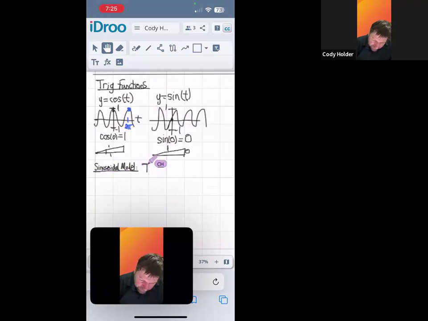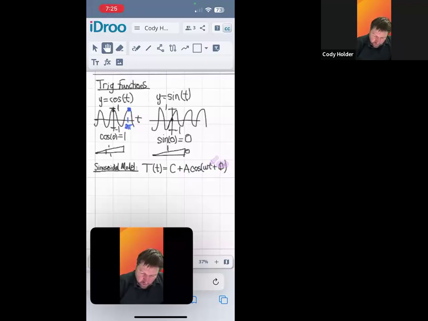So capital T stands for temperature, equaling a constant, let's call it C for the center, plus a constant A for the amplitude, and then cosine or sine. I'll use cosine of omega t plus phi.